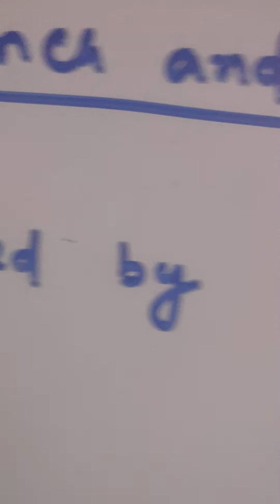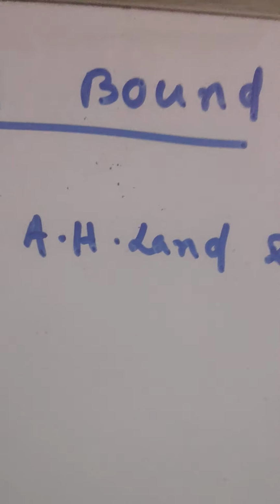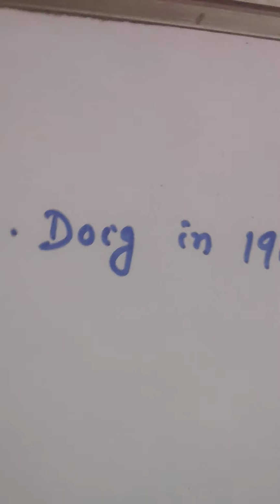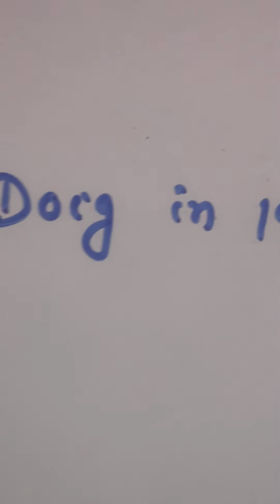This method was first proposed by A.H. Land and A.G. Doig in 1960. Branch and bound is a systematic method for solving optimization problems. Remember, we use this method for solving optimization problems. What is an optimization problem?